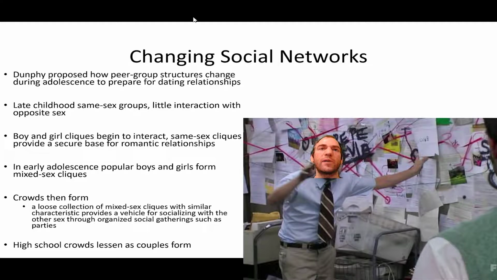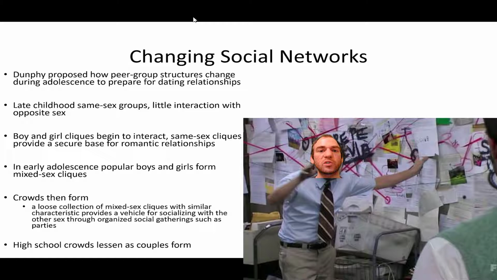So a boy or a girl can go interact with a romantic interest, and then if it goes well or poorly, that person can come back to their same-sex clique, and that social relationship can serve as a safe harbor, similar to the parent-child relationship in early childhood.